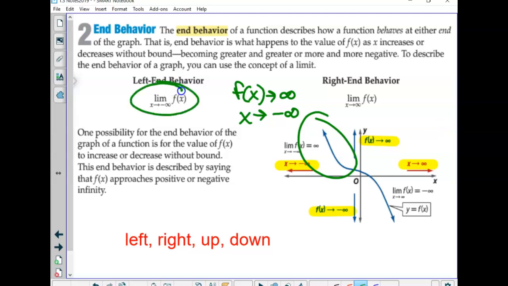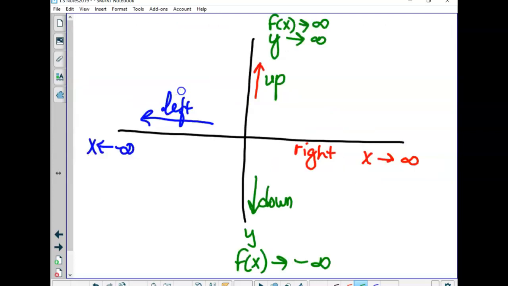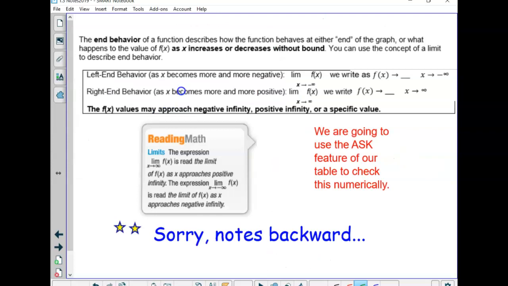The book is going to write it in limit notation. We are not. We're going to use f of x. But I have to tell you, I messed up on the worksheet. I did not reprint it. We used to do x first because it makes sense for most students to say as you go to the left or as you go to the right. But unfortunately, that's not how they do it in calculus. So we're going to do it in this order.